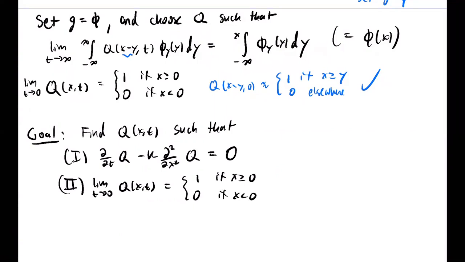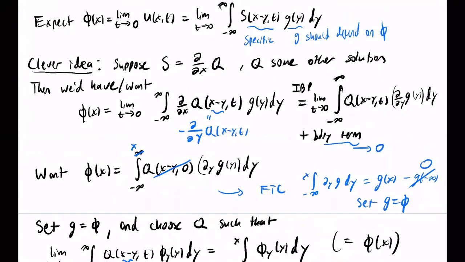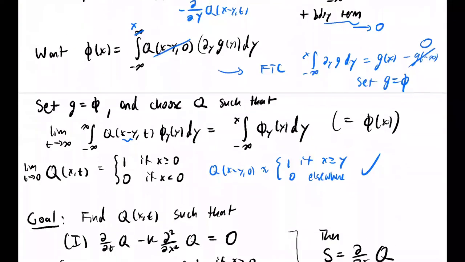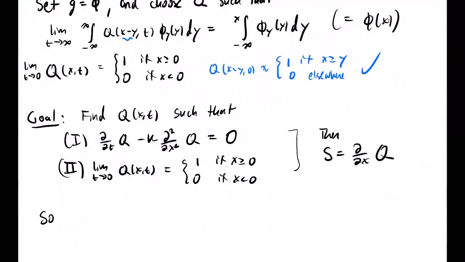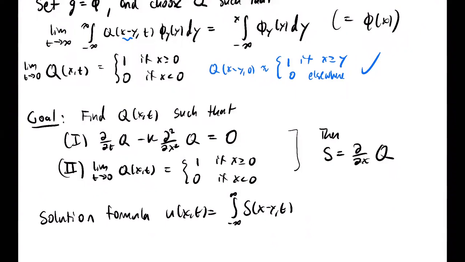Right? And so assuming that both of these work, then I would set my source function s to be the derivative with respect to x of q, as we saw up here, we saw this a minute ago. And then the final solution formula will be given by integrating against s. And so the solution formula will be u of x, t equals the integral from minus infinity to infinity of this function s, which is the derivative of q, times phi of y, where phi is the initial condition.